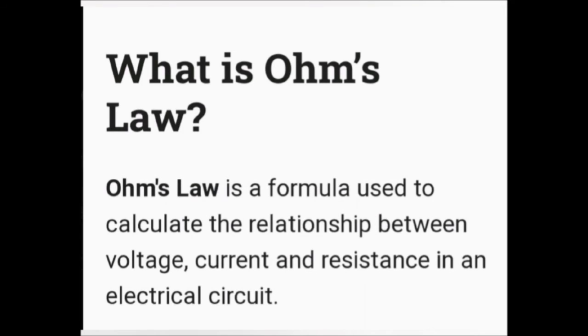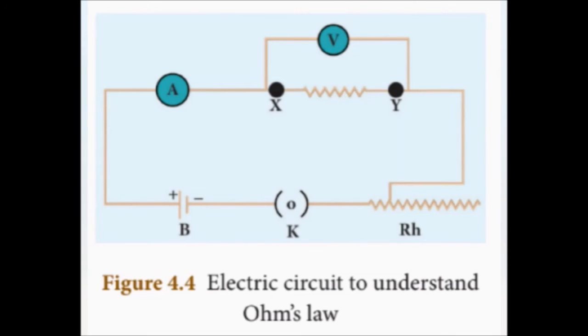What is Ohm's law? A German scientist, Georg Simon Ohm, established the relation between the potential difference and current, which is known as Ohm's law. This relation can be understood from this. According to Ohm's law, at a constant temperature, the steady current I flowing through a conductor is directly proportional to the potential difference V between the two ends of the conductor.